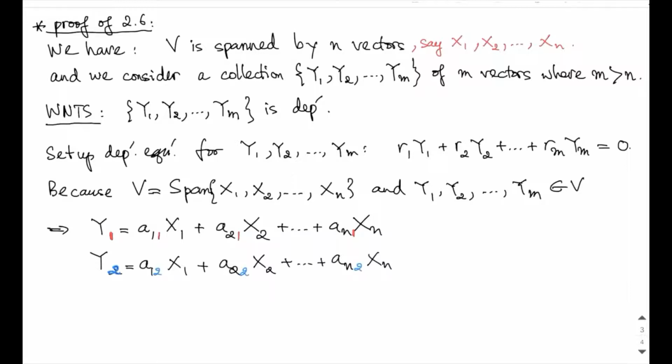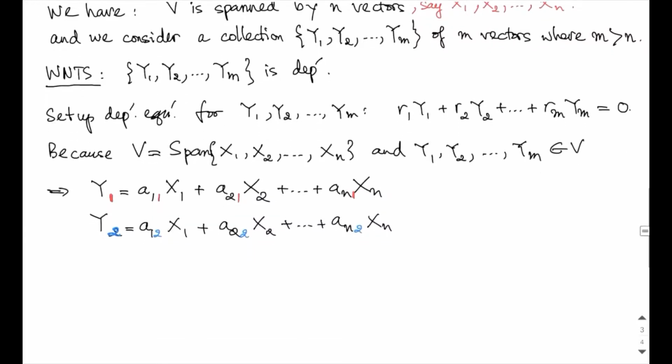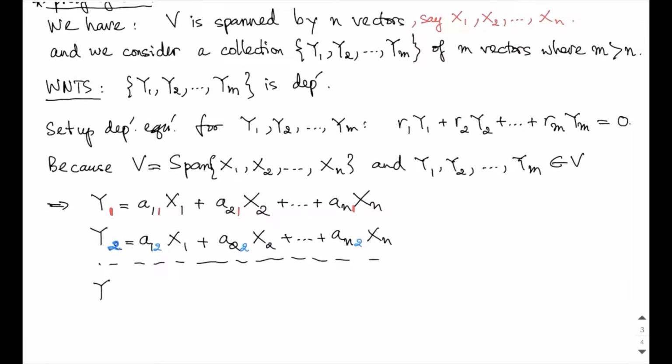This way, no matter how many y's you have, you don't have to worry about not having enough symbols for the coefficients. And similarly, you will have ym equals to, all right.